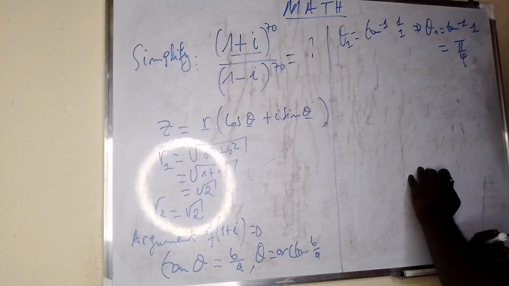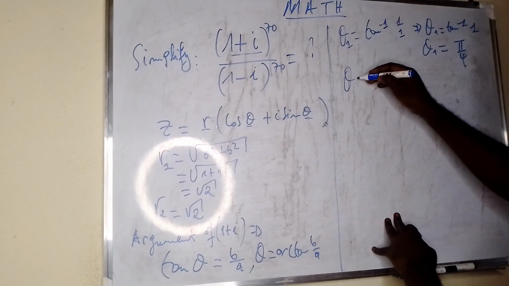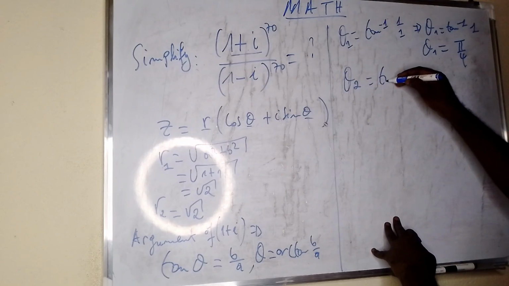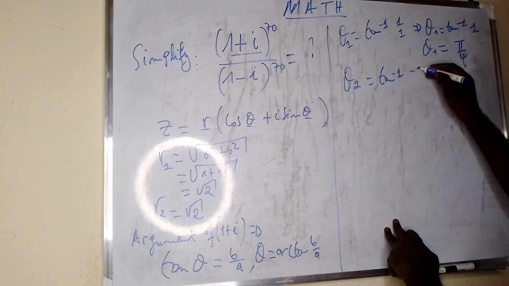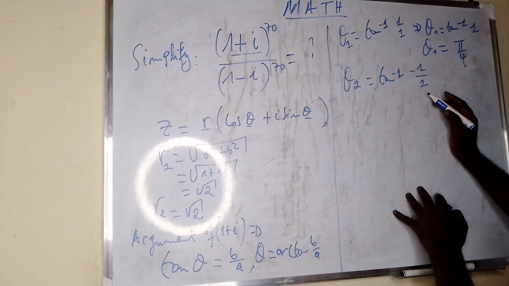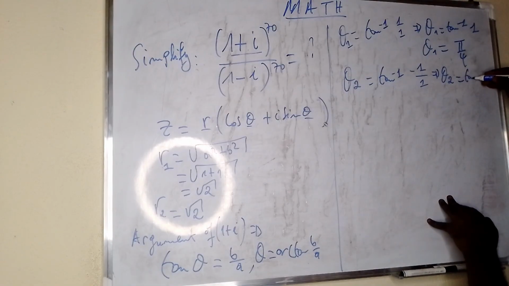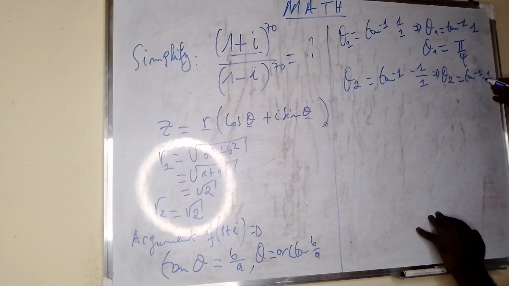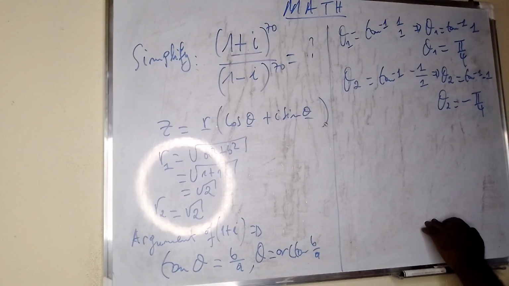When you use a calculator in degrees, you get 45 degrees. What about theta 2, which is tan inverse of negative 1 over 1? Here b is negative 1 and a is 1, so theta 2 is equal to negative pi over 4.